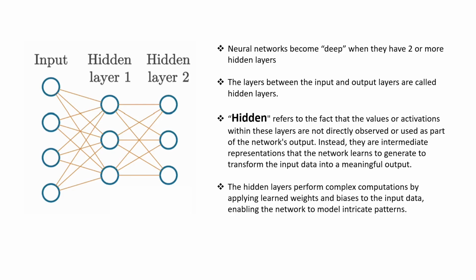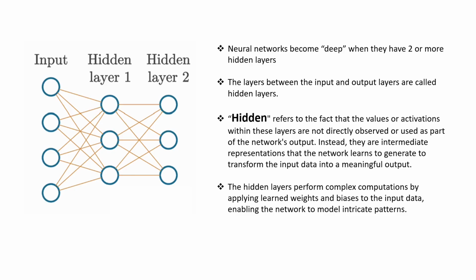But they are very important because they serve as intermediary connections between your input and the output, so that your data will be transformed for you to get a meaningful insight from your raw data.